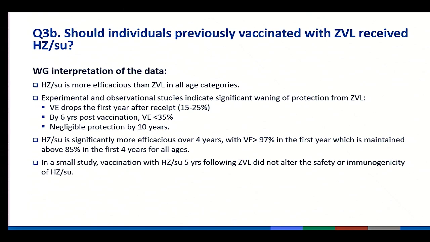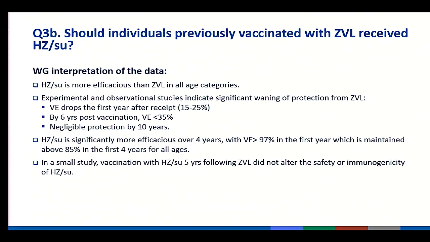Experimental and observational studies indicate significant waning of protection from zoster vaccine live. The VE dropped significantly during the first year after receipt, and by 6 years post-vaccination, most studies estimate the VE is less than 35%. There may be negligible protection by 10 years post-vaccination.